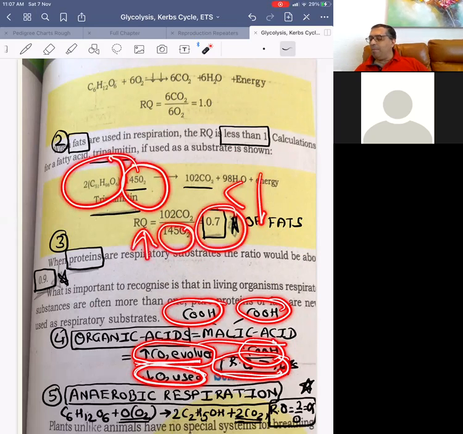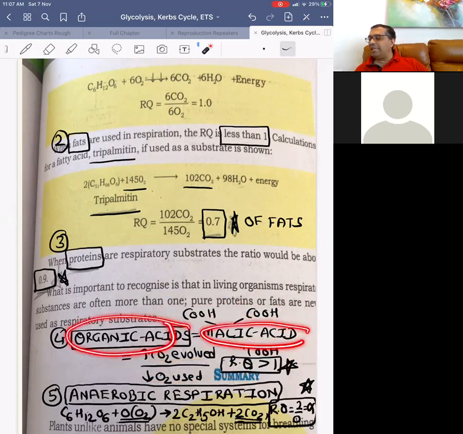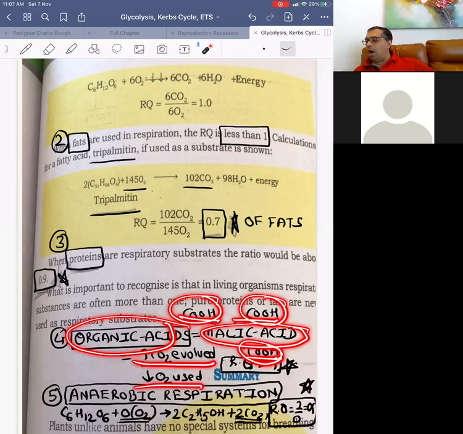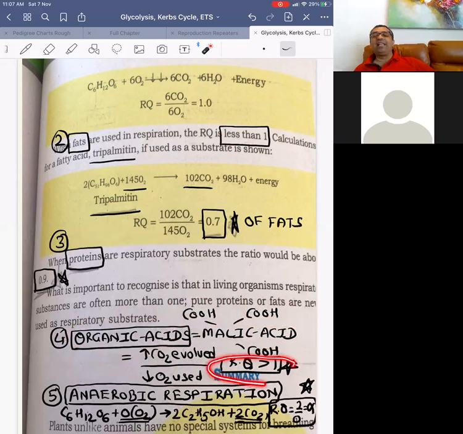But organic acid में already malic acid has COOH, COOH, COOH, so amount of external oxygen required is less because COOH, COOH, COOH combine to form CO2 themselves. So CO2 evolved is more, amount of oxygen used is less. So how much is the RQ? Greater than 1. Numerator more than the denominator, so RQ will be greater than 1. So organic acids का RQ is greater than 1.